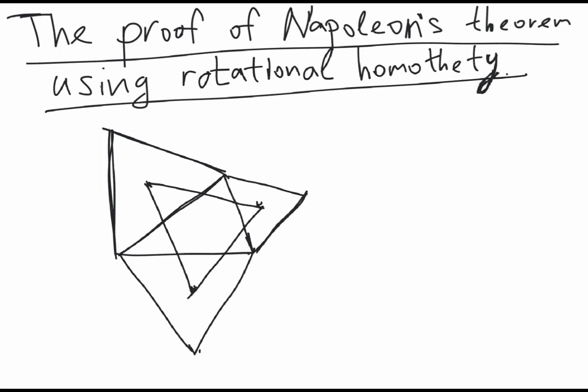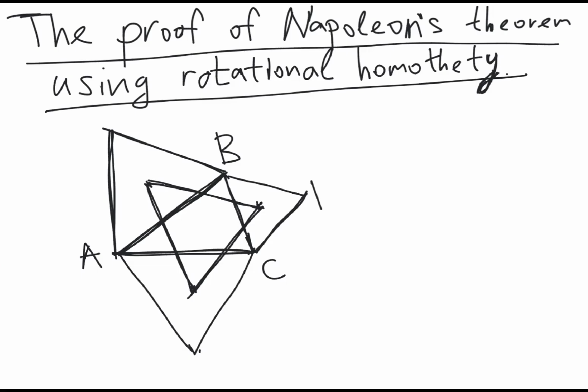So once more, the original triangle is arbitrary. It can be any triangle, and still this triangle formed by the centers is equilateral. So denote the points.